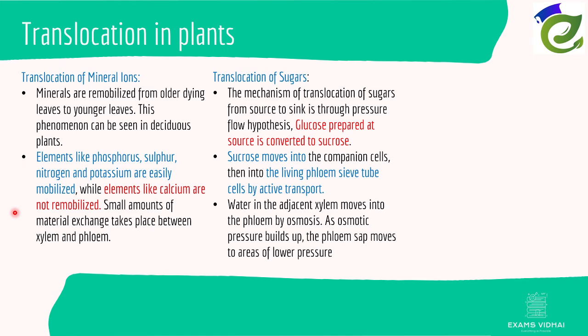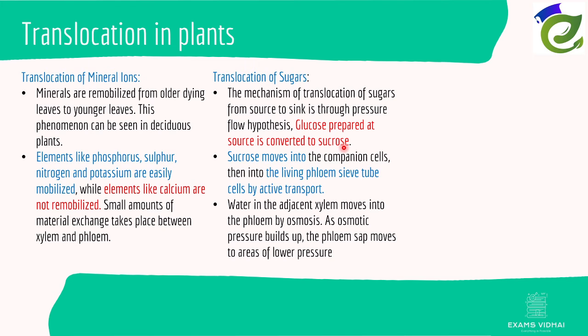Translocation of sugars. If you ask me the difference between mineral ions and sugars, mineral ions are more or less minerals dissolved in water, and sugars are the food for the plants. Glucose is prepared at the source and converted to sucrose. Glucose is usually prepared at the leaves through photosynthesis, and it's also converted to sucrose at the leaves.